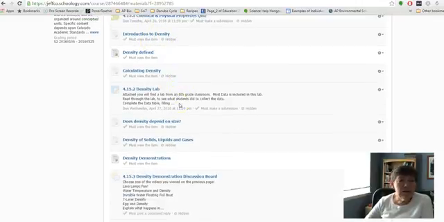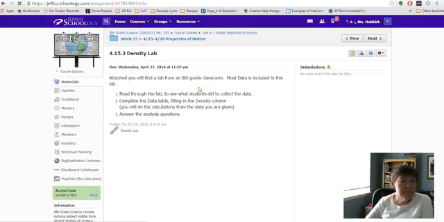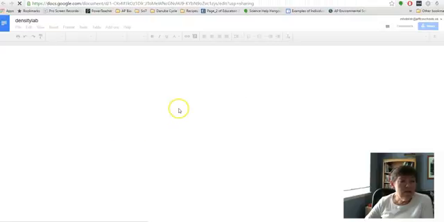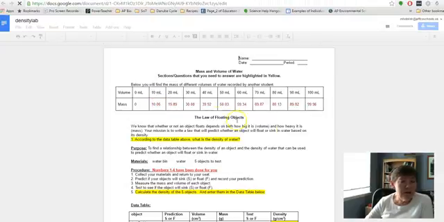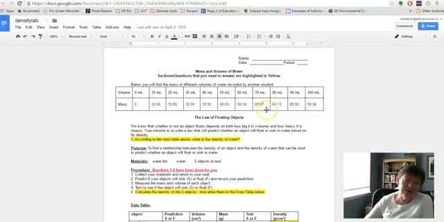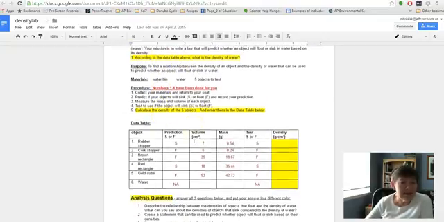Then you're going to do some reading on density, define it, and you have some beginnings of calculating it here. For this lab, I've linked to a lab, and you have been given some data. A class actually did this lab face-to-face, and you have their data. I've highlighted in yellow the things that you need to do.